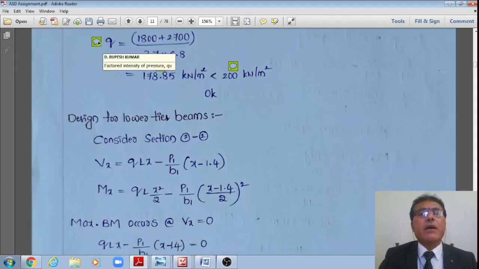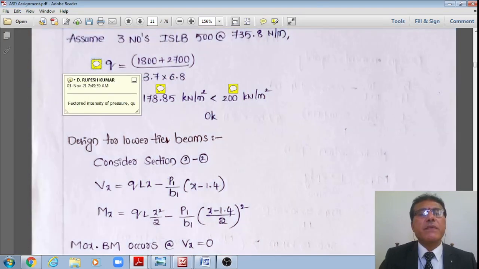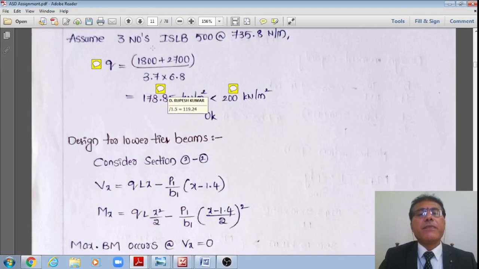Now let me go for the analysis of the lower tier beams. Before which, I need to calculate the factored intensity of the load. QU, the factored load, is equal to 800 plus 2700 divided by the area of the footing provided, 6.8 multiplied by 3.7.